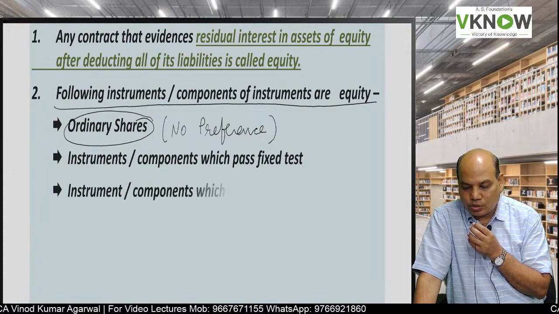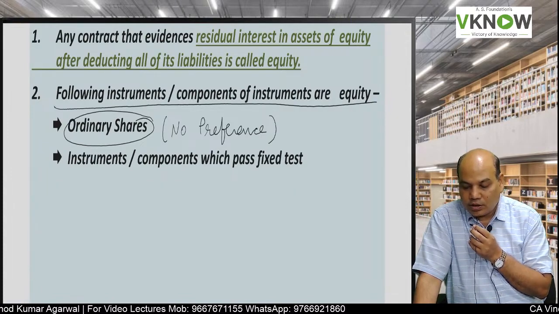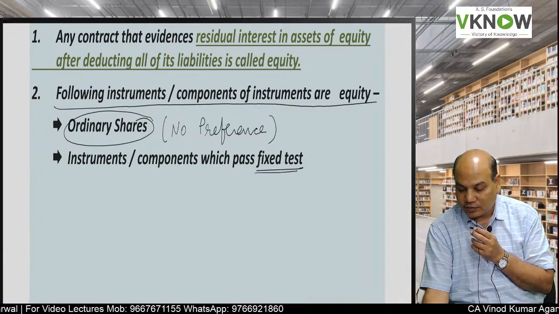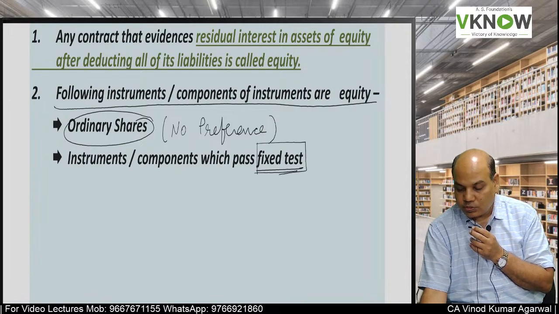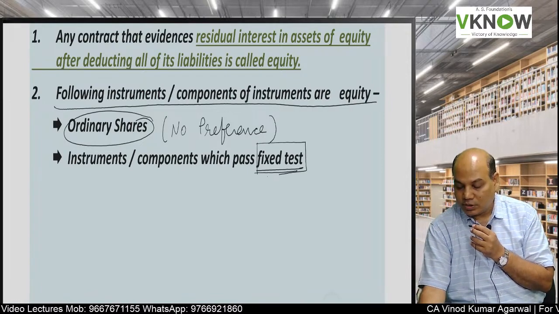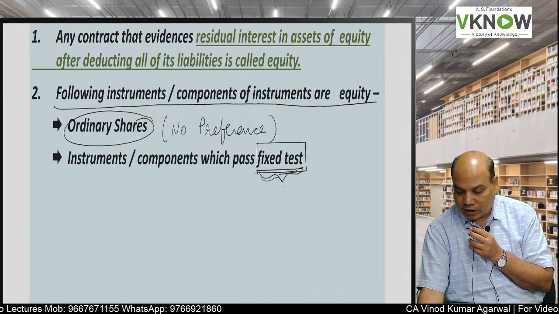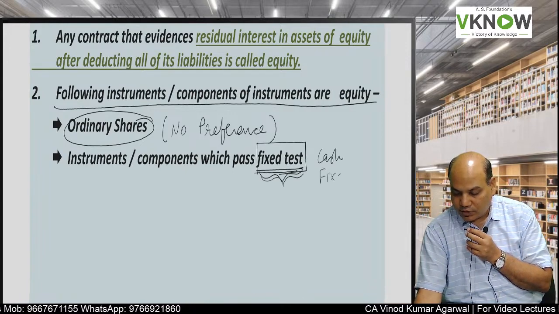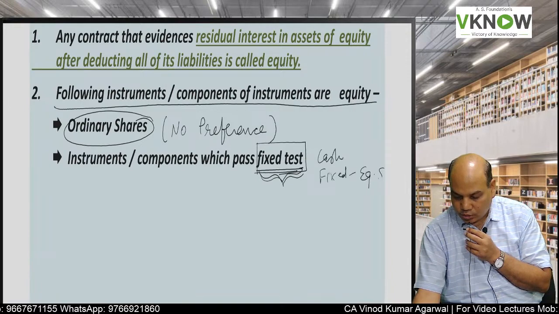Ordinary shares are equity instruments. Then second is those instruments or components which pass the fixed test, which means a fixed amount of cash will be received against a fixed number of equity shares.